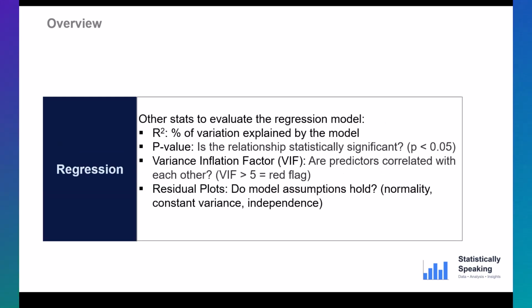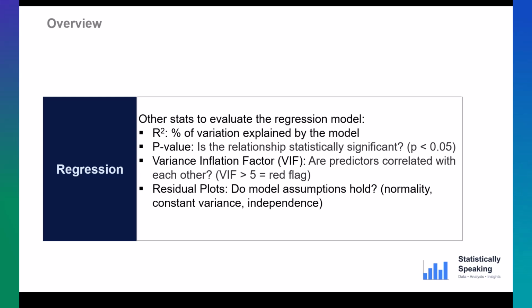In addition to the p-value relating to the hypothesis, there are some other stats that help us evaluate how good a regression model is. The most important among them is R square, which is basically the percentage of the variation that is explained by the model. P-value, again, just shows whether a relationship is statistically significant or not.